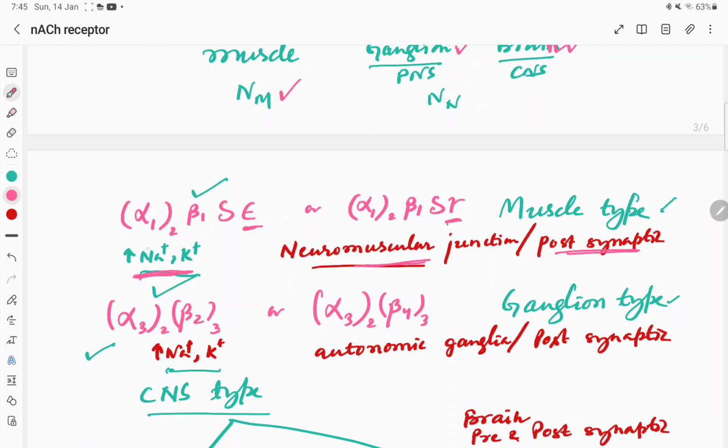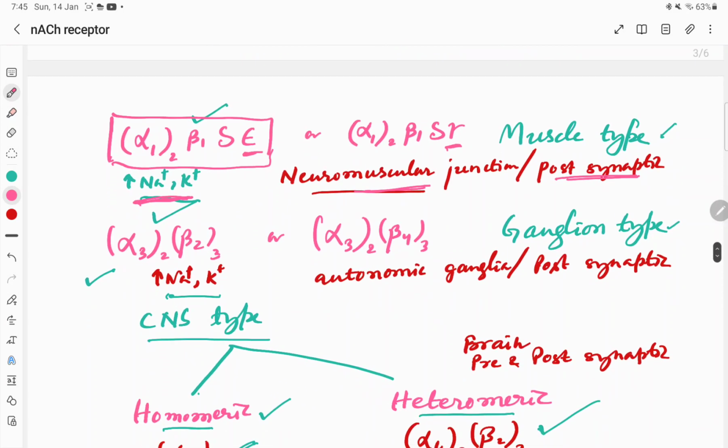But the net action is due to sodium, because sodium influx is more than the potassium outflux. So out of these 2 combinations, alpha 1 2, beta 1, delta and epsilon is mostly present in the neuromuscular junctions.